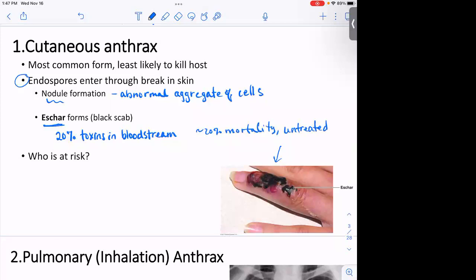Who's at risk? People that are closely associated working with animals, usually farm animals. In this country, in areas where the spores are more prevalent in the soil, we do have routine vaccination. We have a good vaccine for animals. So in this country, really low risk.